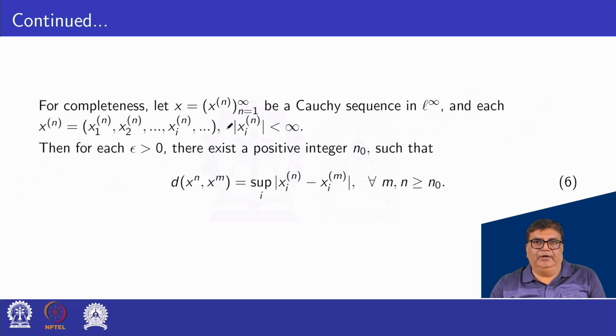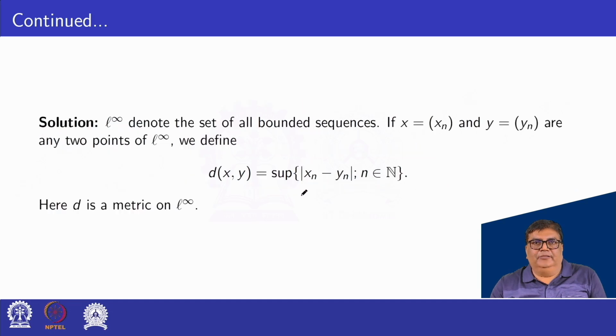As per definition, this is a bounded sequence, so mod x_ni is less than infinity. Then for each epsilon greater than 0, there exists a positive integer n0 such that d(x_n, x_m) equal to the supremum over i of mod x_ni minus x_mi, for all m, n greater or equal to n0, as per definition.